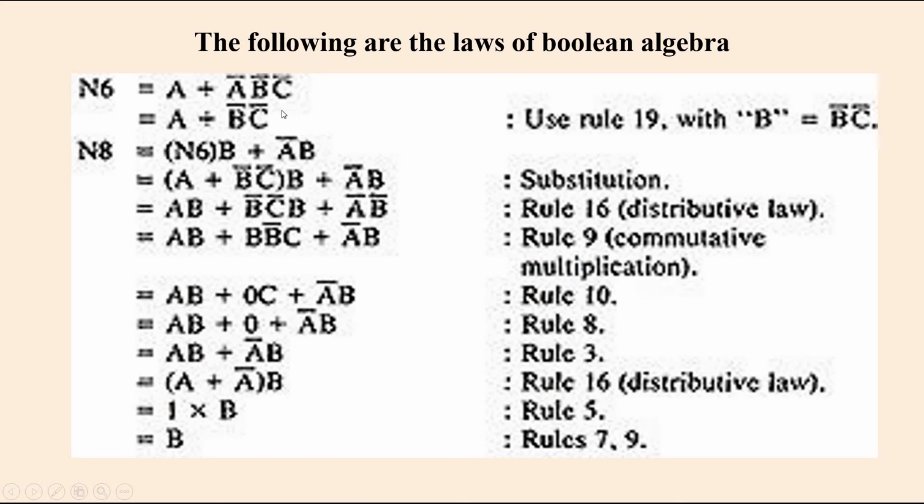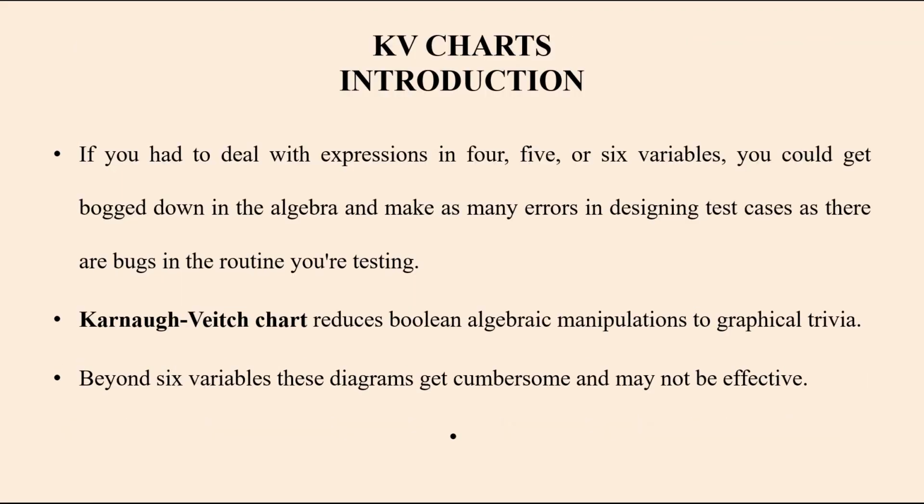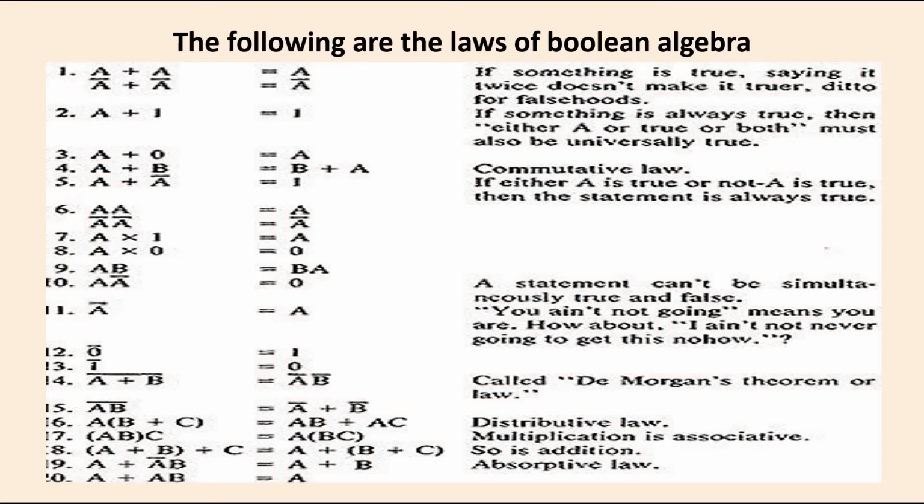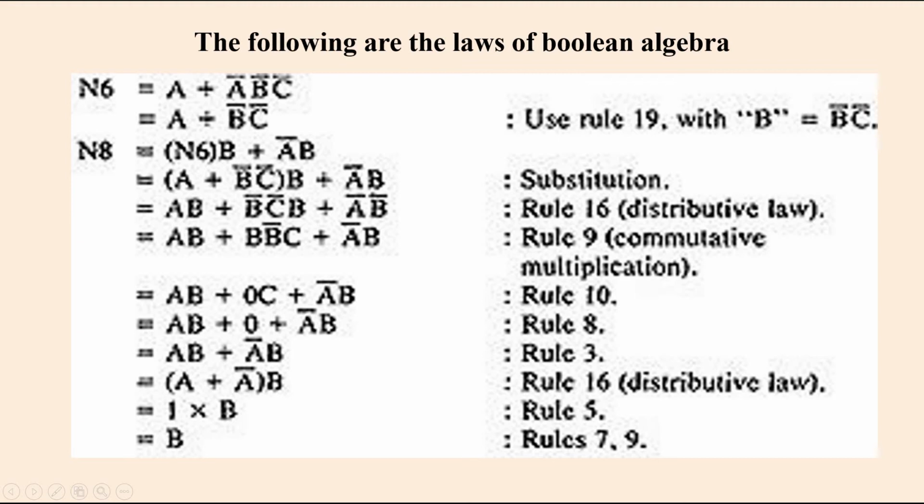Use rule number 19, that is the absorption law. What is rule number 19? Sorry, rule number 19 previously: A plus A bar into B is equal to A plus B. It is also one kind of absorptive law. So A plus A bar is absorbed here, so A bar is absorbed. So we got A plus B bar into C bar. The resultant is A plus B bar into C bar.